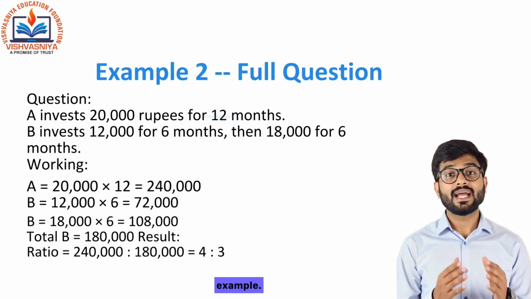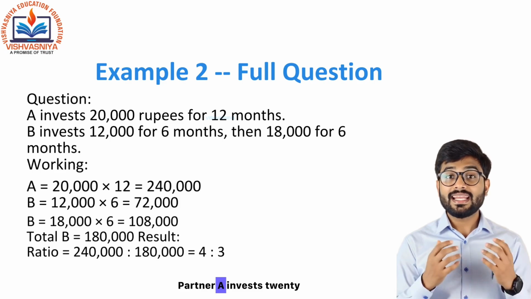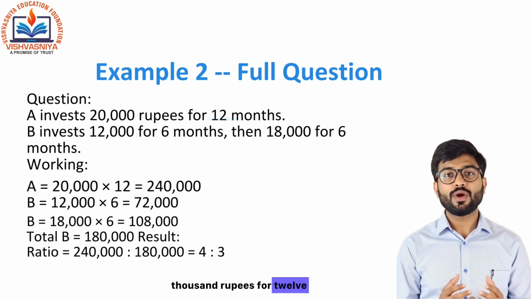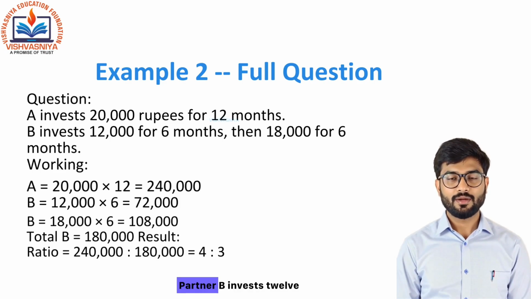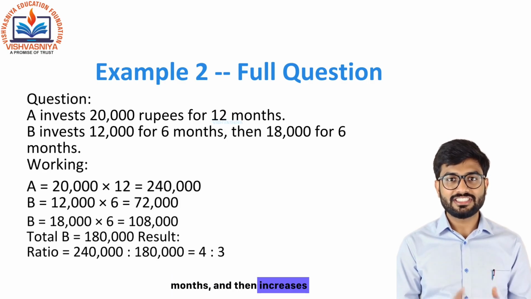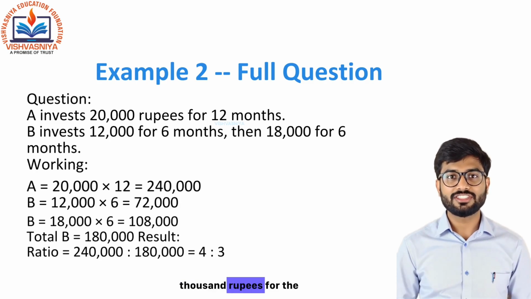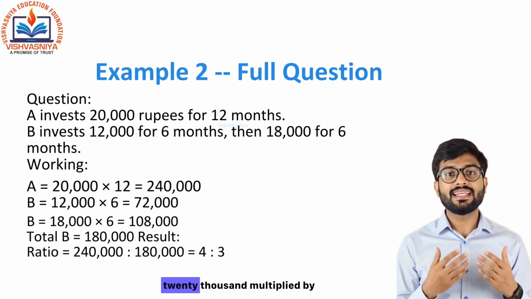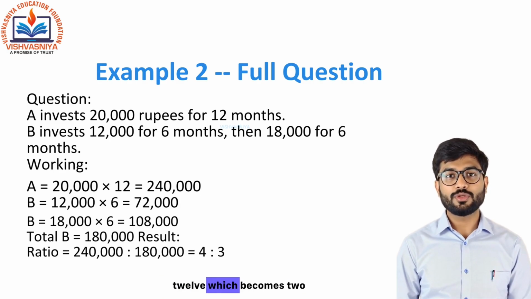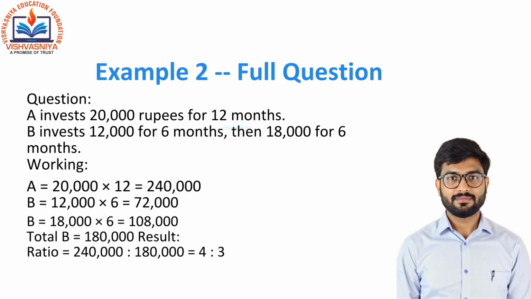Let us take an example. Partner A invests 20,000 rupees for 12 months. Partner B invests 12,000 rupees for 6 months and then increases the amount to 18,000 rupees for the next 6 months. Product for A equals 20,000 multiplied by 12, which becomes 2,40,000.